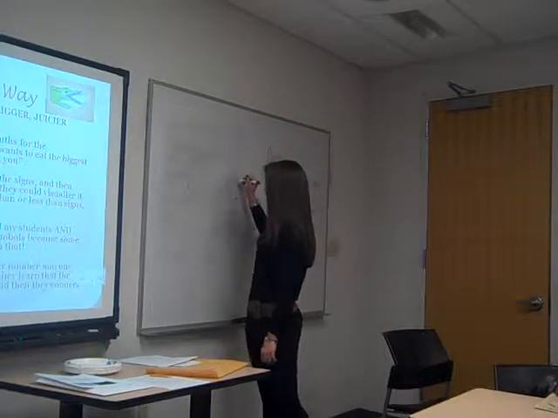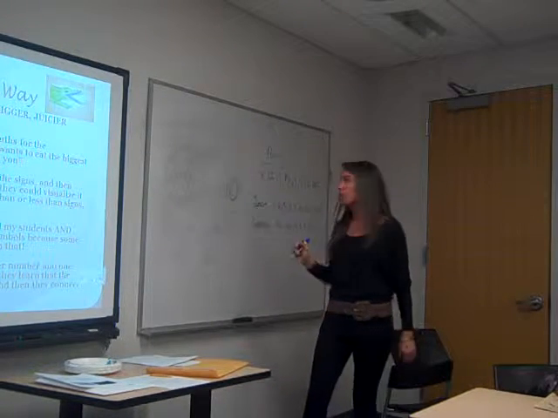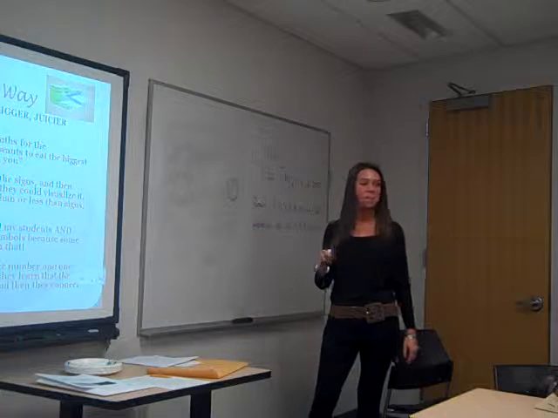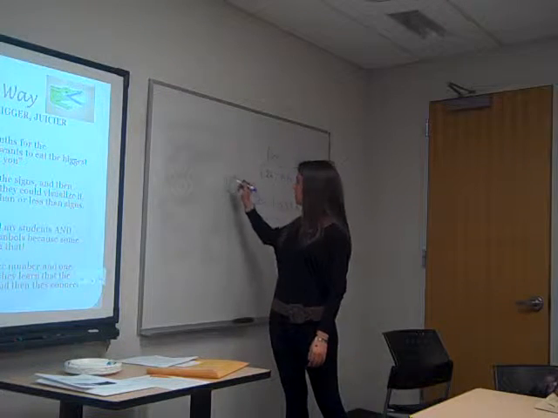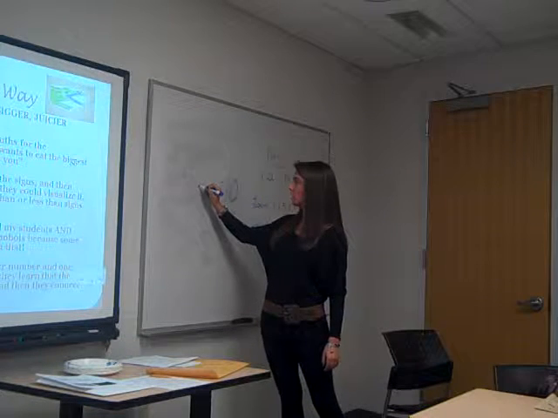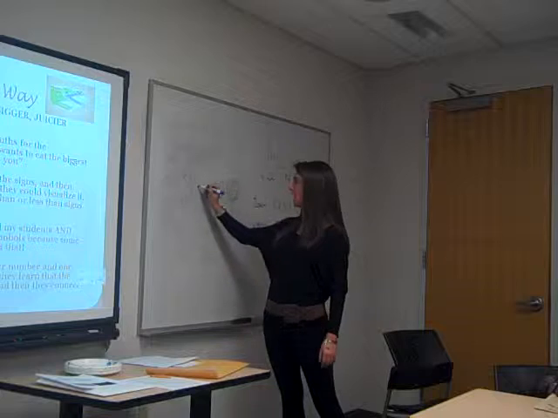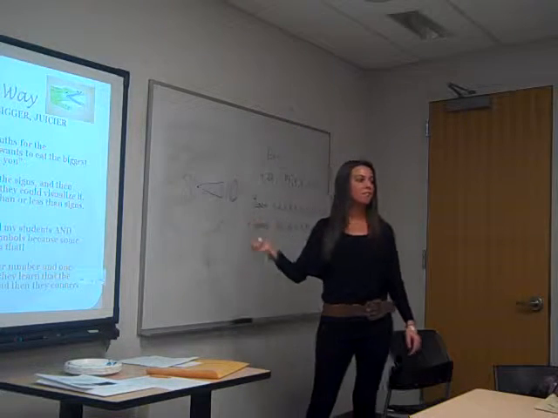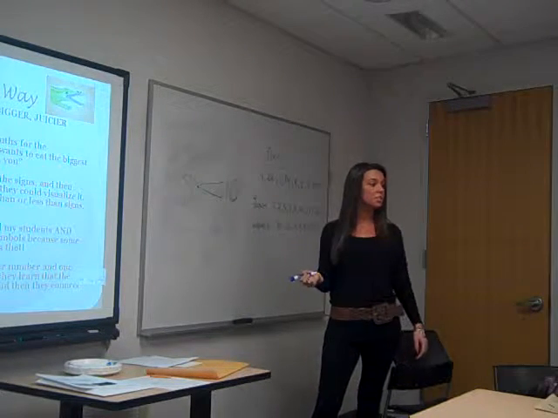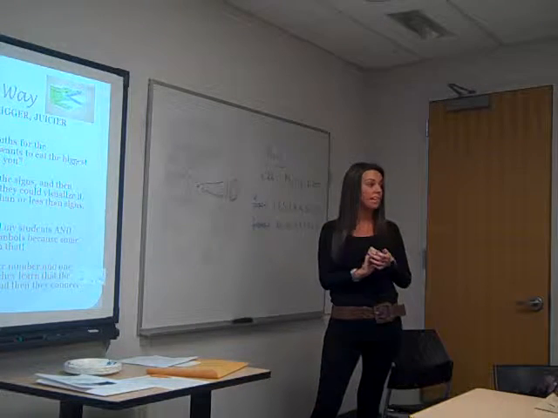I know me and Ashley found this to be, I've never seen this before, I don't know if anyone else has, the dot method. What that entails is putting 2 dots next to the bigger number and 1 dot next to the smaller number, and having the students connect the dots. We figured that for struggling students with this, because I know when I had my placement in 1st grade, there were a lot of students that didn't understand.